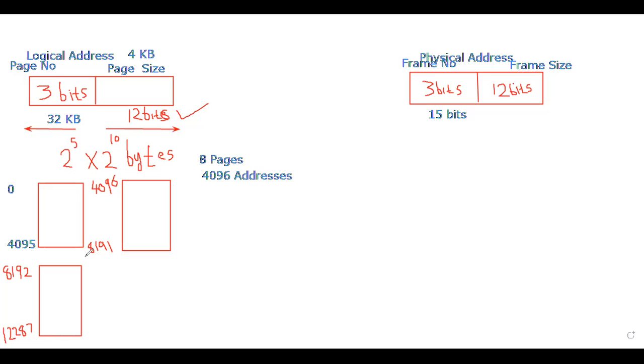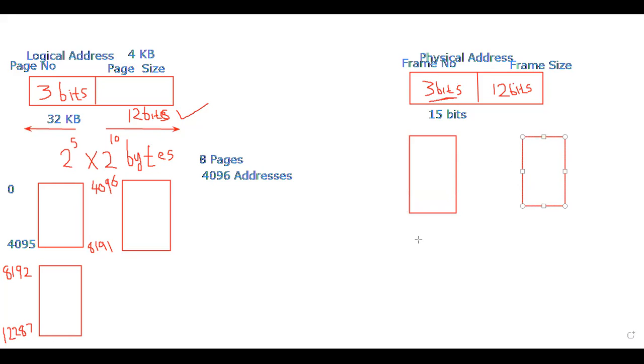Now, in the logical address you will have pages. In the physical address, how many bits are allocated for the frame number? 3 bits. So using 3 bits, how many frames will be created? 2 to the power 3, 8 frames. I'm showing you only 3 frames here.